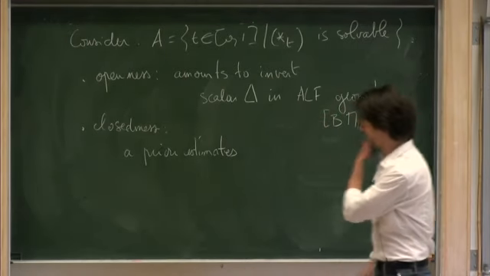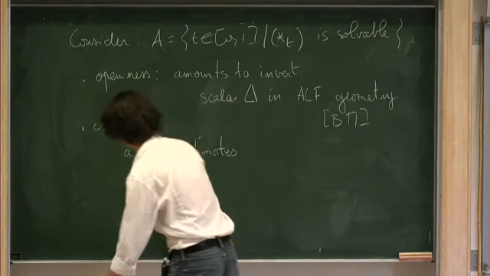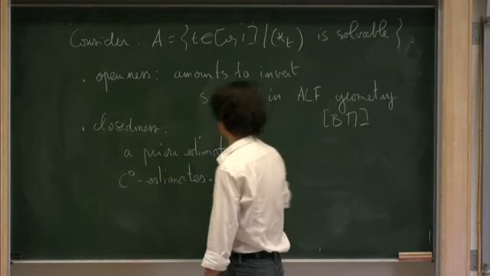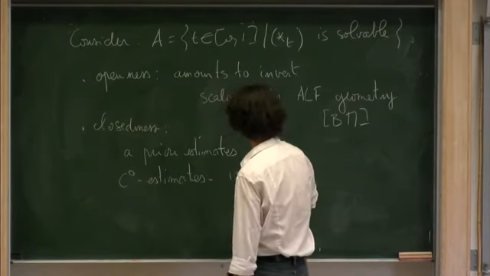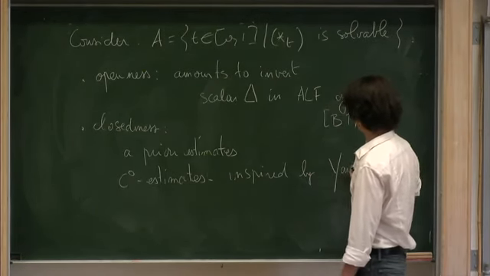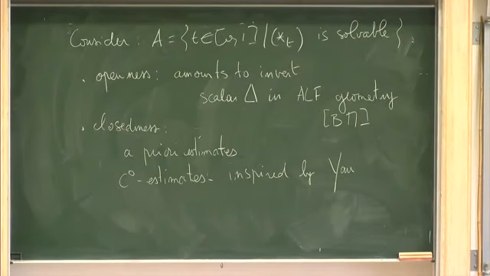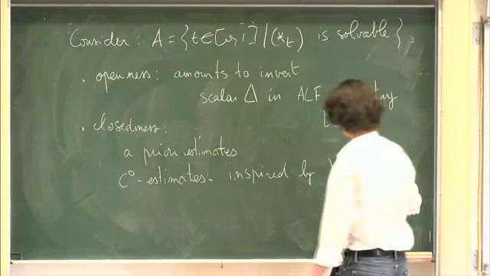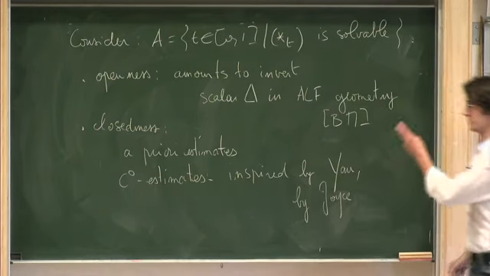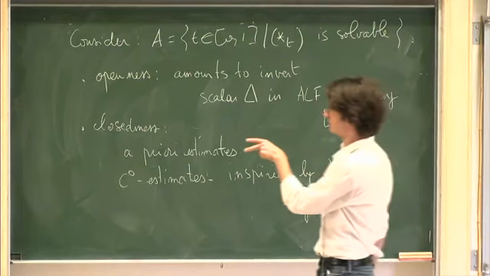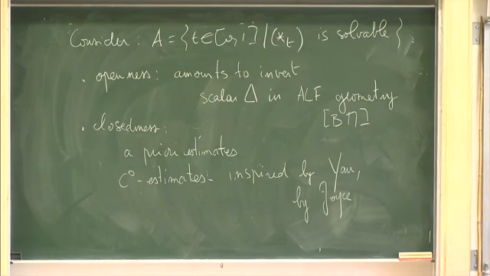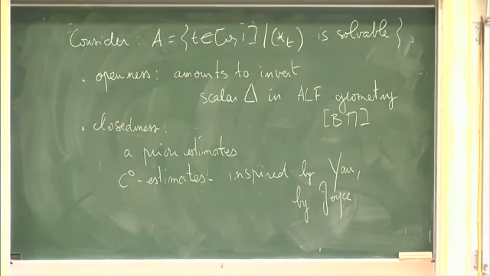And so you start with a C0 estimate, and what I did was inspired by what Yau did in the compact case back in the 70s, and also by Dominic Joyce, who considered the same equation but now in ALE geometry in the late 90s, early 2000, yes, 2000.